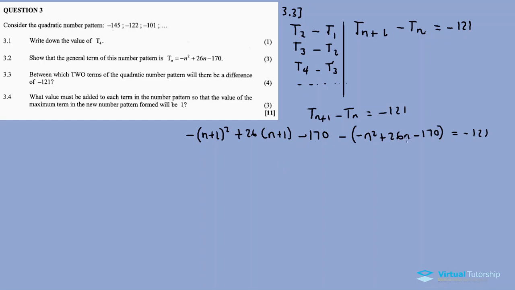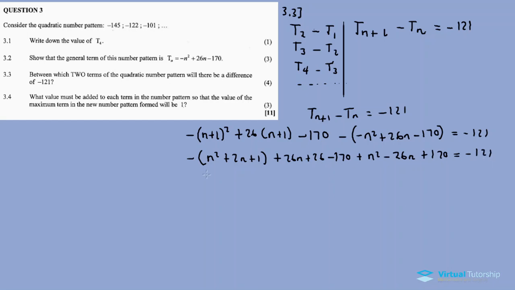Now we have an equation. I need to find the value for n. Well, this thing is straightforward. Lana sizoti minus n squared plus 2n plus 1 plus 26n plus 26 minus 170 plus n squared minus 26n plus 170 is equal to minus 121.